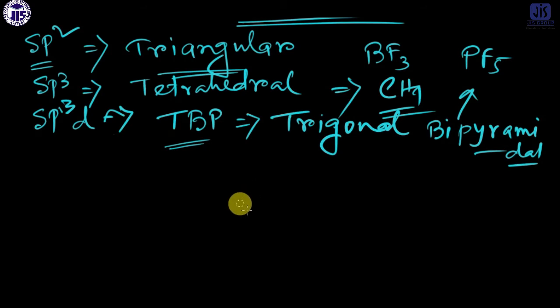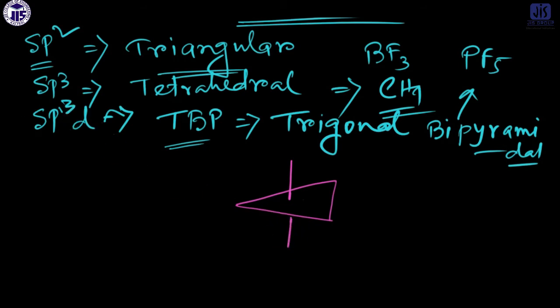So in this plane there are three atoms. The central atom, like in PF5, will be here, and the upper side will be one bond and the lower side will be another bond.